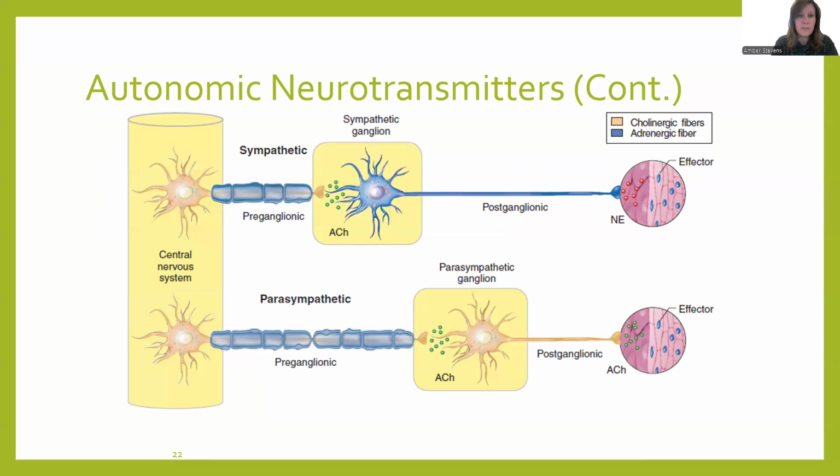When we look at this figure, it illustrates the autonomic neurotransmitters. Three of the four fiber types are cholinergic, secreting the neurotransmitter acetylcholine into the synapse. Only the sympathetic postganglionic fiber is adrenergic, and it secretes norepinephrine into the synapse.